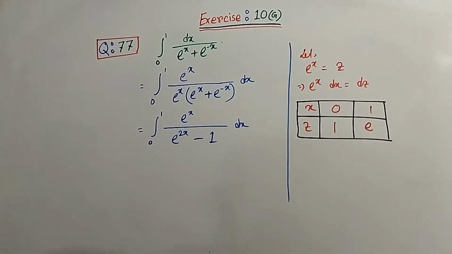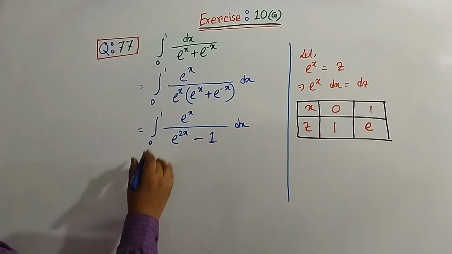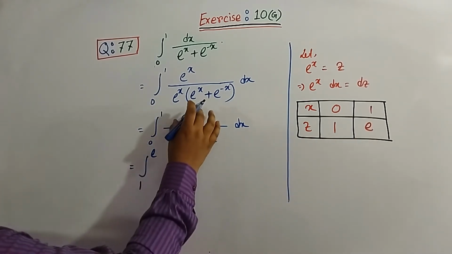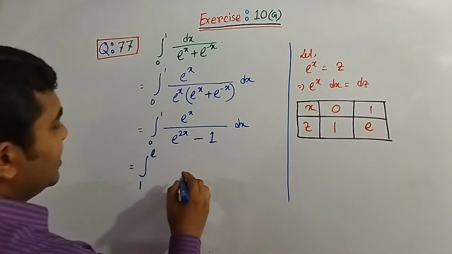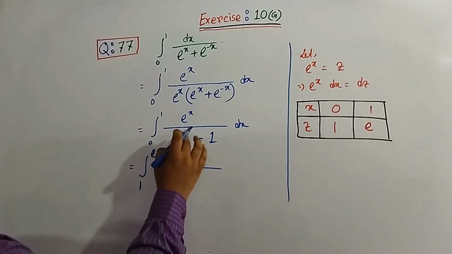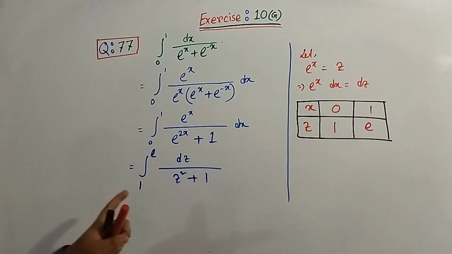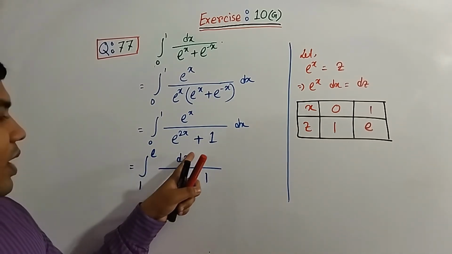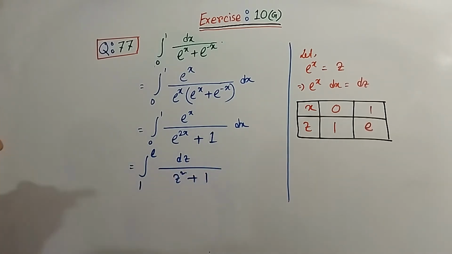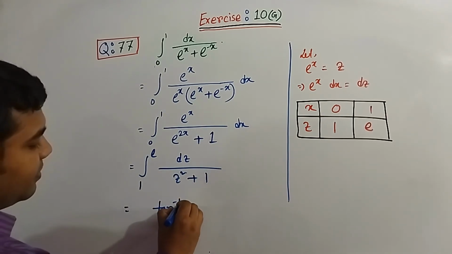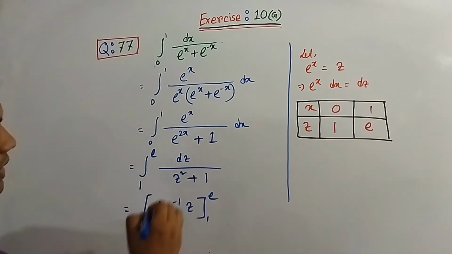So our integration should be like this: 0 will be replaced by 1, 1 will be replaced by e, and here e to the power x dx is dz, so it is dz over z square plus 1. Dear students, we know the integration of 1 by 1 plus x square, or 1 by z square plus 1, is nothing but tan inverse z, from 1 to e.